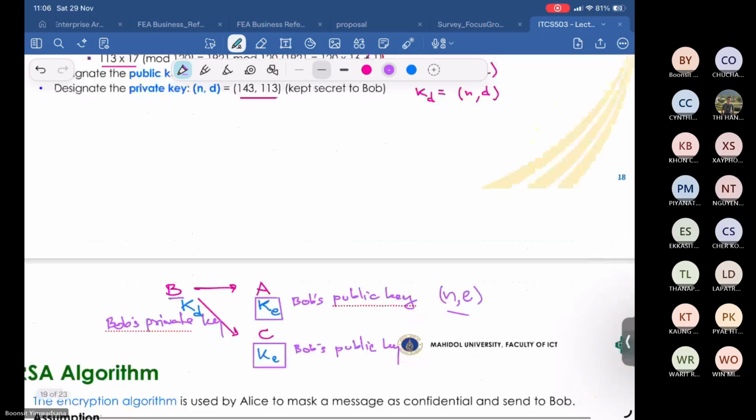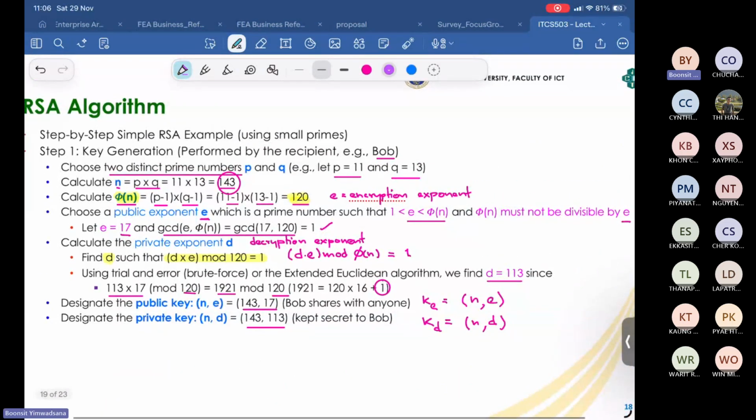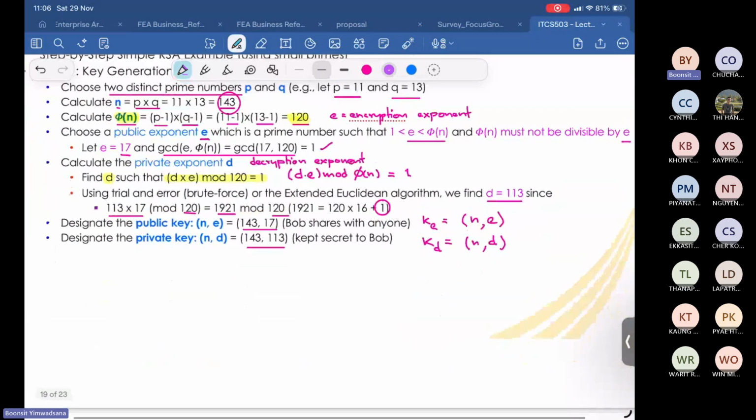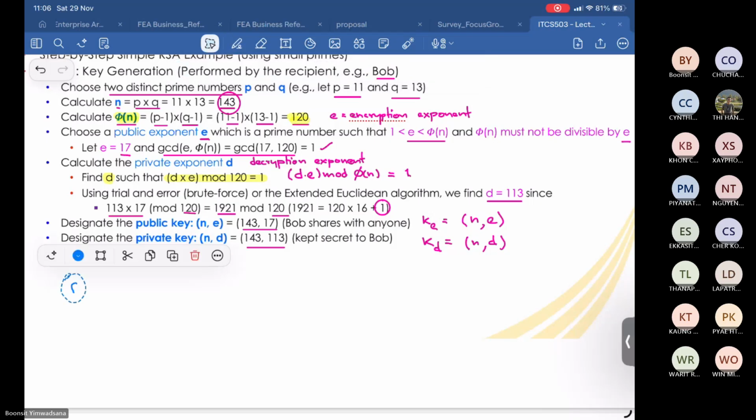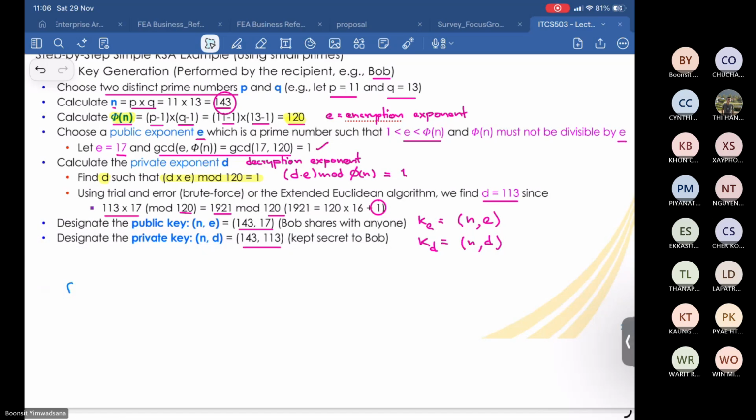You come up with P and Q. Let me write down here. So you first define P and Q. The process of finding P and Q is already difficult enough because we want to use very large prime numbers.